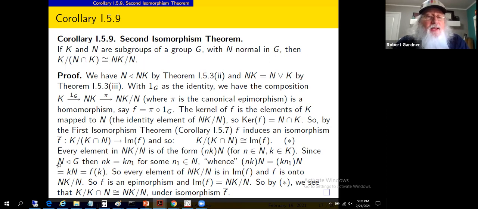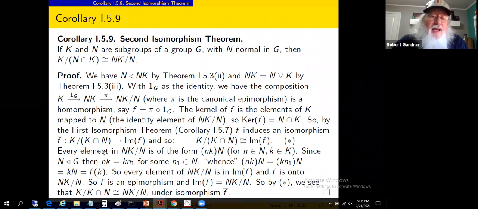Now, N is a normal subgroup of G. So Nk, think of this as a right coset of capital N by element K, this element K that arose up here. So here we've got an element of the right coset, capital Nk.